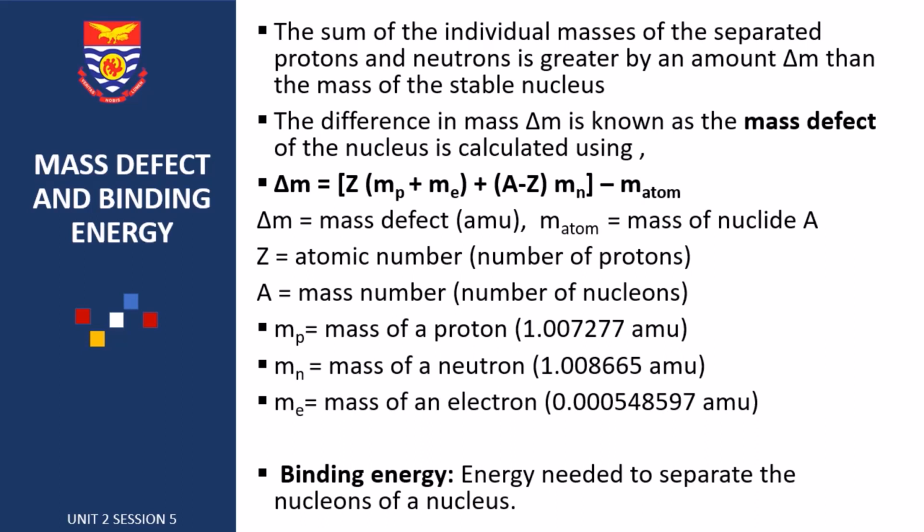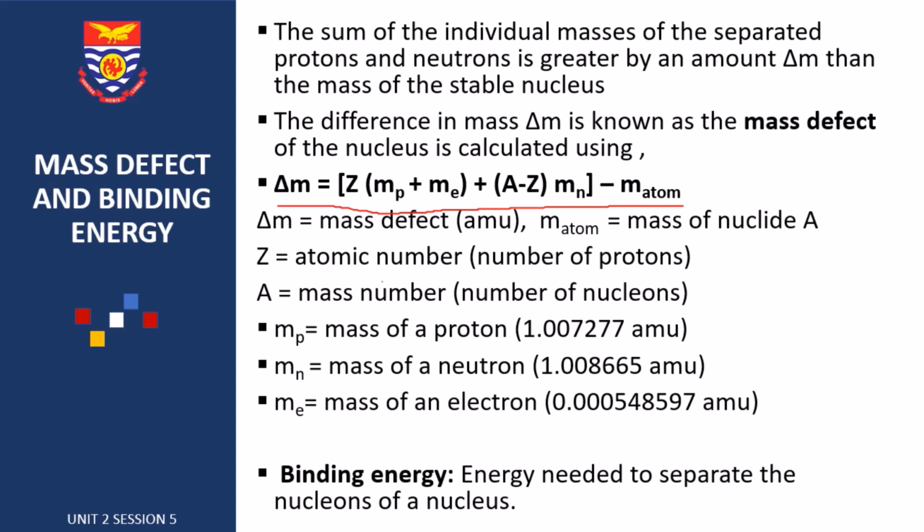mass defect. We can equally calculate the mass defect of a nucleus by using this equation, change in mass, which is given by the atomic number times the mass of proton plus mass of electron, plus atomic mass minus atomic number multiplying mass of neutron, and we subtract everything from the mass of the atom.